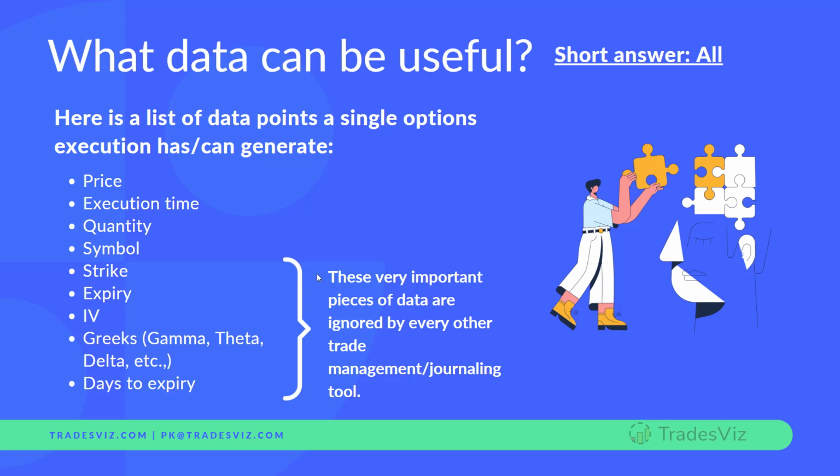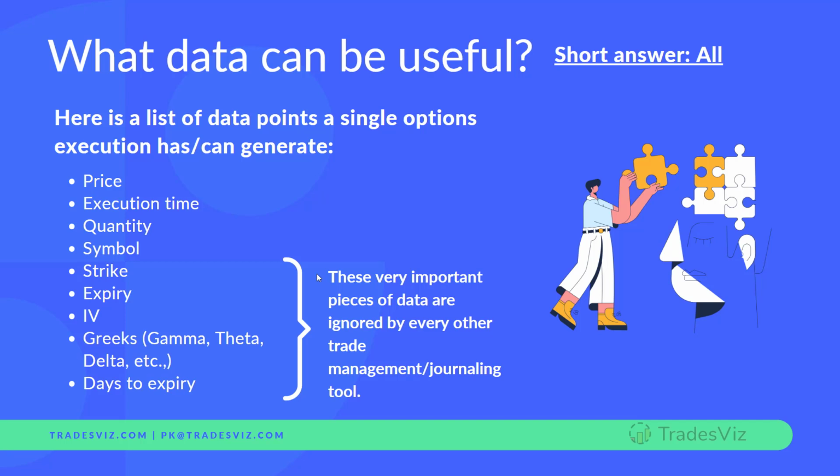So options trading, number one, is itself difficult, and number two, deriving insights from all of these data points is way over the experience level of most options traders who just trade weeklies. But if you want to get to the next level, you need to understand these data points and how you can use them.